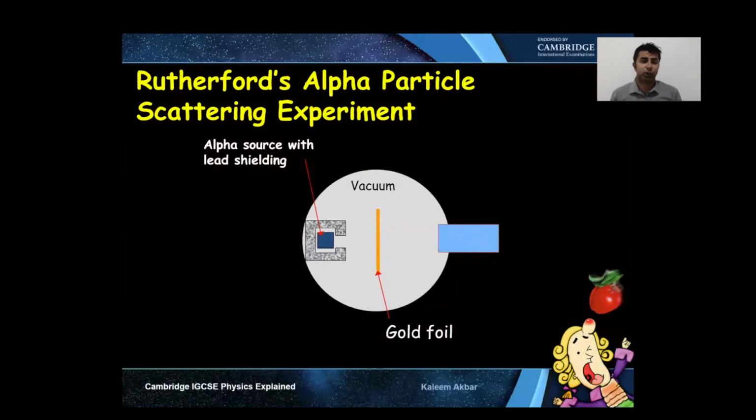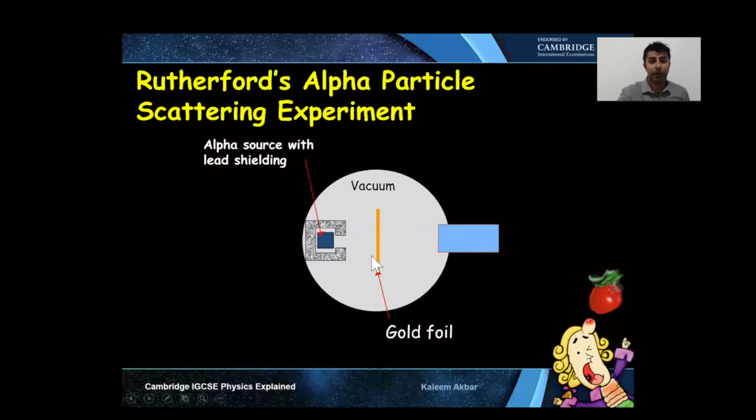This radioactive source is giving out alpha particles, and you'll learn more about alpha later, but basically alpha is a helium nucleus. It's surrounded by lead shielding so that we can force the alpha particles to go in one direction towards the Geiger-Müller tube in this drawing, past gold foil, if indeed it goes past gold foil.